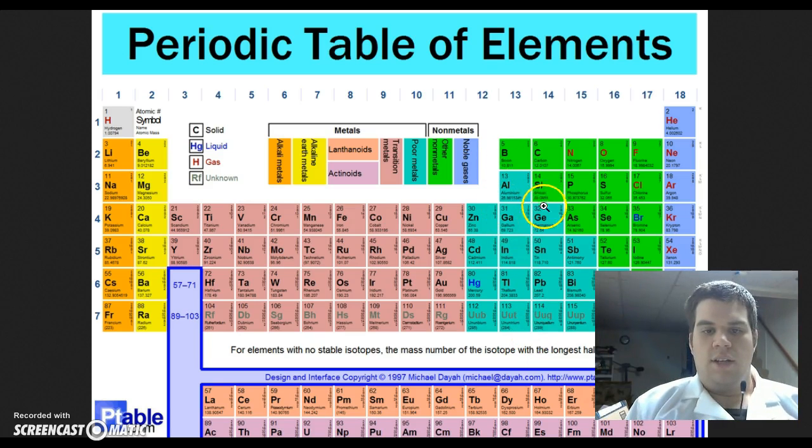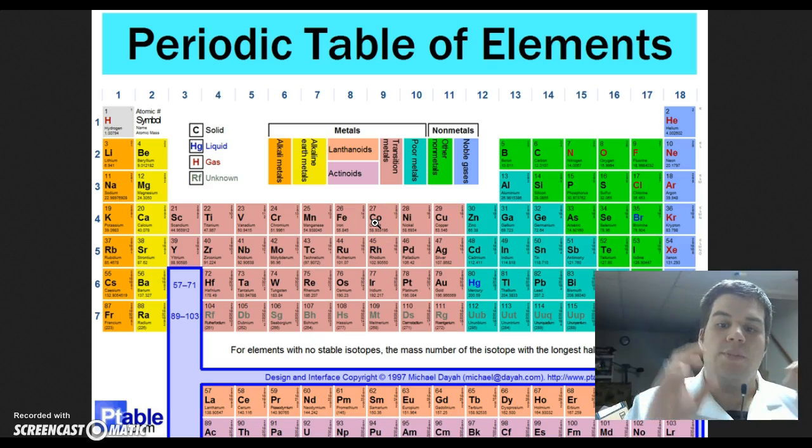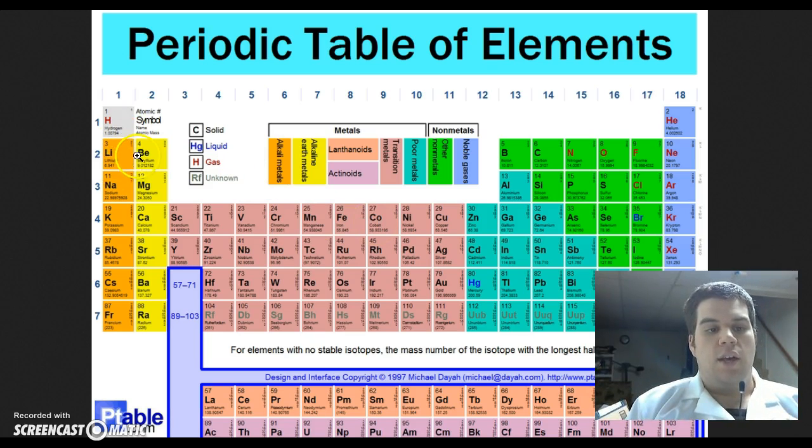So we have that nice little staircase that separates the two. These rules are specifically for only when we have a metal and a nonmetal. So let's start taking a look at a couple of these examples and see how we name them.